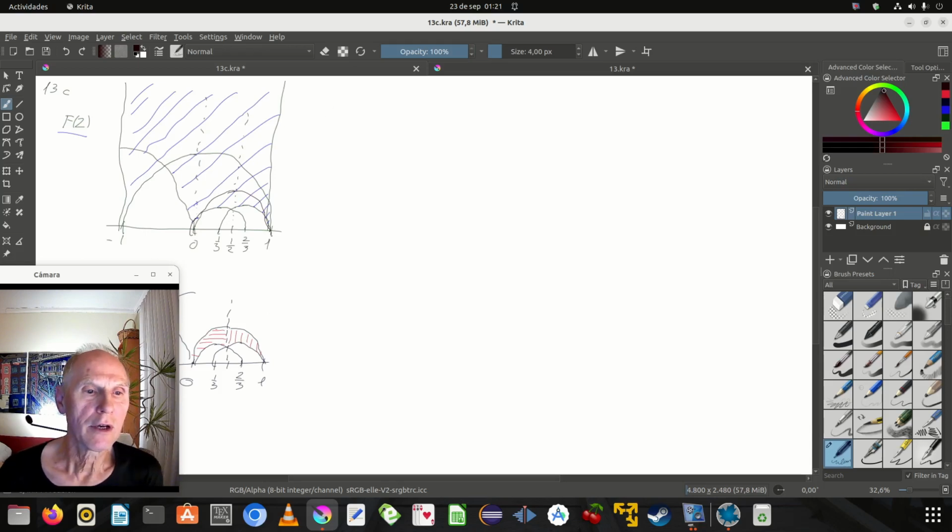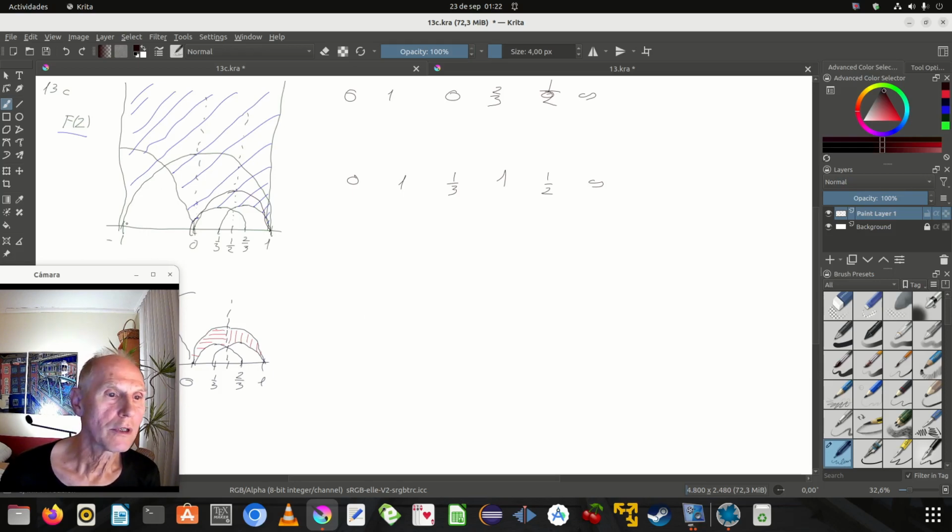So we must take the circle from 1 to 0, the circle from 0 to 2/3, and the line from 0 to infinity, and again the circle from 1 to 0, the circle from 1/3 to unity, and the line from 1/2 to infinity, and then see if we can map it over to, yeah, you know what.